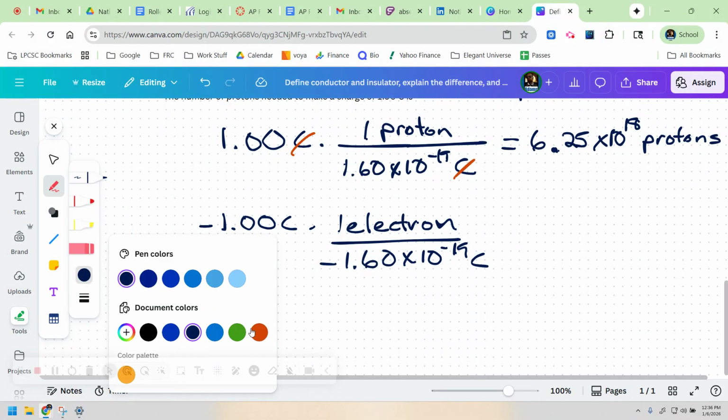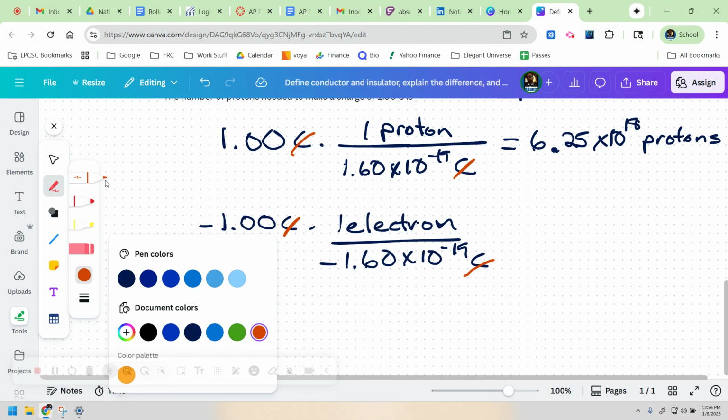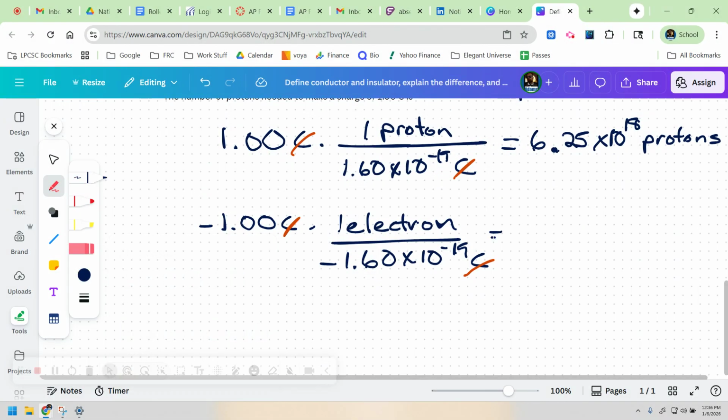Again, the coulombs cancel out. And then your final answer would tell you the exact number, which is the same: 6.25 times 10 to the 18 electrons.